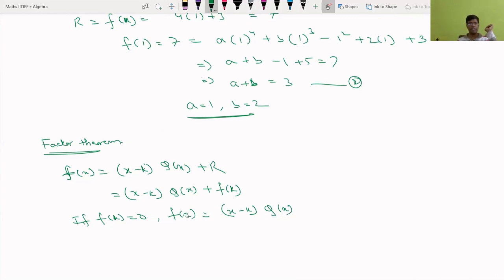So it basically says when f of k is equal to 0, then x minus k perfectly divides the dividend. It will not have any remainder. So it's just an extension of the remainder theorem. When the remainder vanishes, that means the factor perfectly divides that particular dividend.